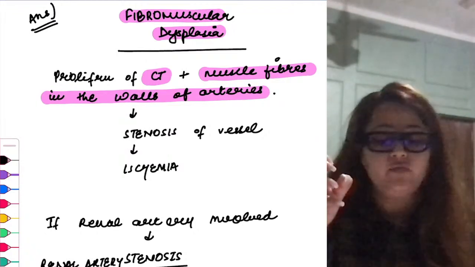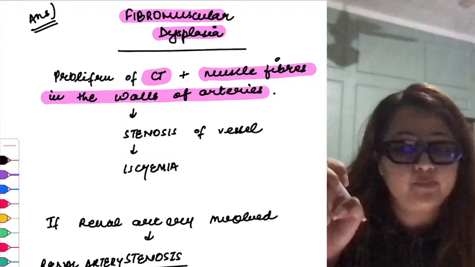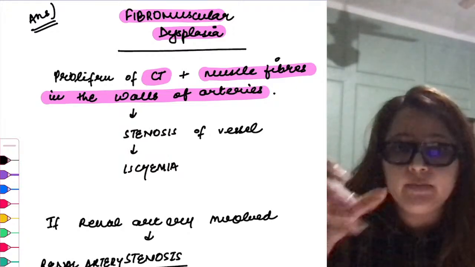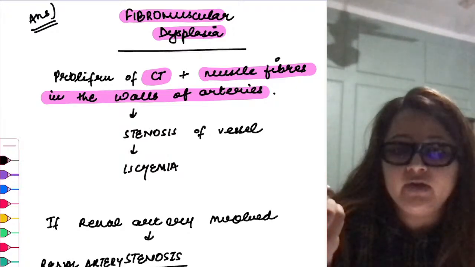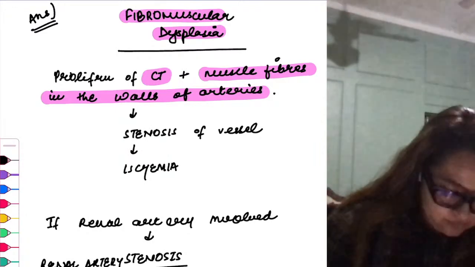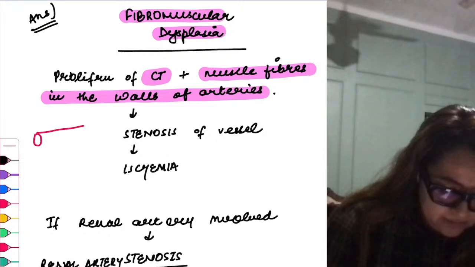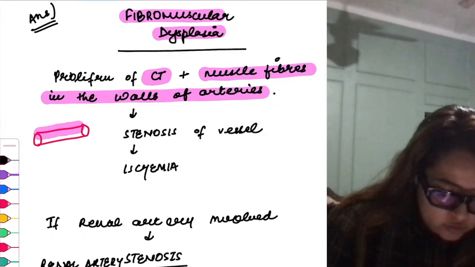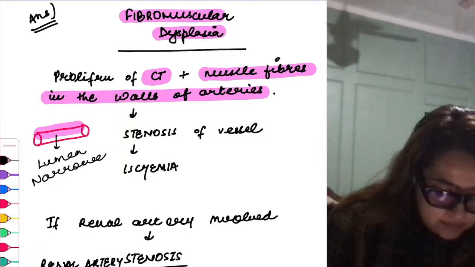Ultimately, the wall of the artery will become very thick. So what will happen to the lumen? Supposing this is the artery. If there is proliferation of the connective tissue here, the lumen of the artery will be narrowed down.